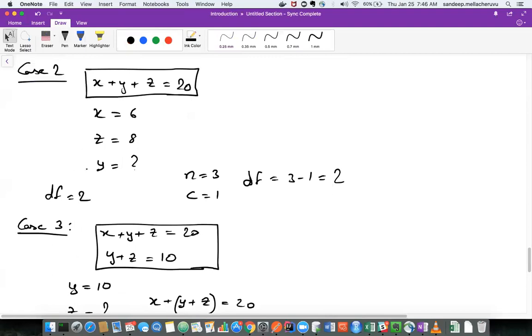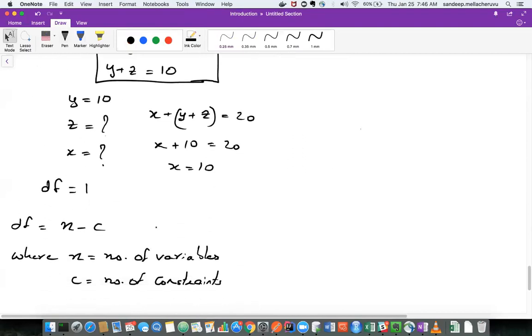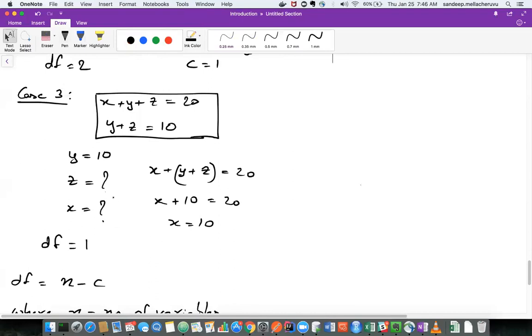So we don't have to substitute values and try out and do all these things. You can directly use this formula instead of substituting values and seeing how many variables are free to change. Okay, and the final one. How many variables? N equal to 3 variables.